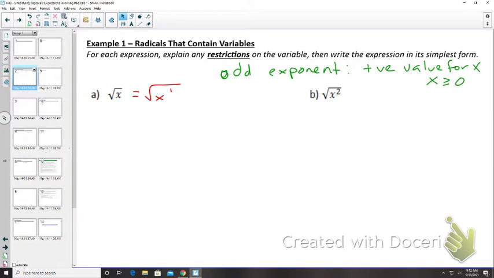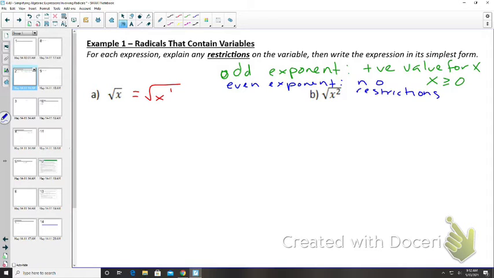Okay, if we have an even exponent, there are going to be no restrictions. Right? Because if we have an even exponent, if our x value is -4, -4 times -4 will give us 16, which we can take the square root of, right?